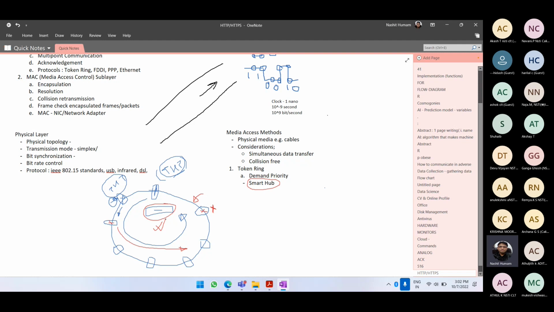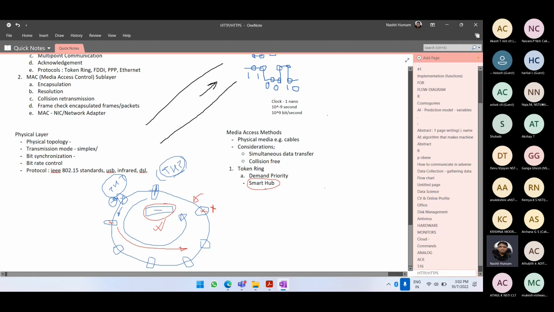Now, in this demand priority, we implemented this token ring using smart hubs. This token was handled by the smart hub centrally. So we have central control of this token. This token is not now on the network; it is being held by my smart hub.